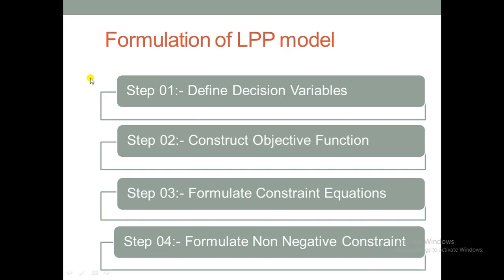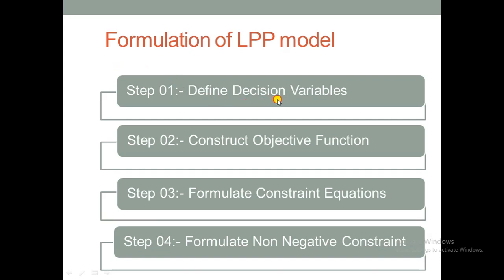Whenever we have the information or the data to formulate the linear programming problem, first of all, by reading the problem, we will have to decide what the aim is, or what solution is required from the particular problem, because based on that we are going to define the decision variables.